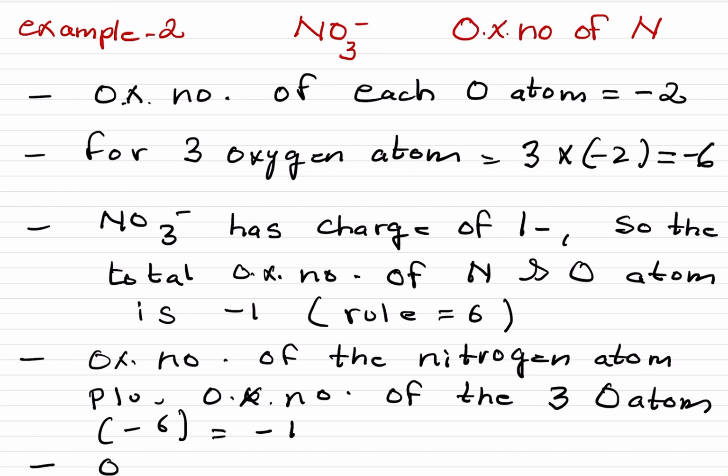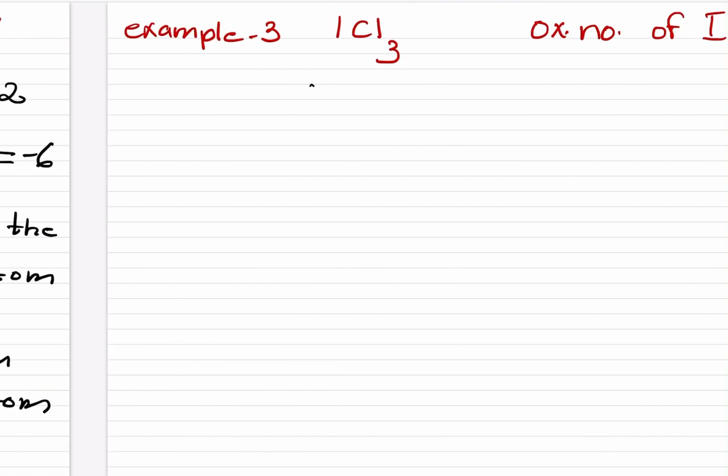Therefore, the oxidation number of nitrogen will be equal to +5. I hope you understood it. Let's go to example number 3.